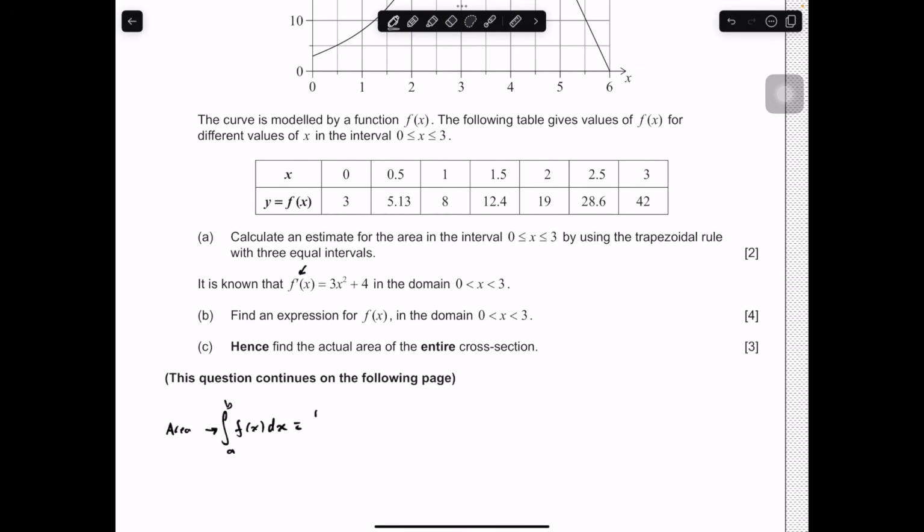And the trapezoid rule looks like this. 1/2 h, which we can find, and then open up some brackets: y0 plus yn plus 2 times (y1 plus y2 plus, and these are all of the intermediate values, all the way up to yn minus 1), so right up before the second last one.